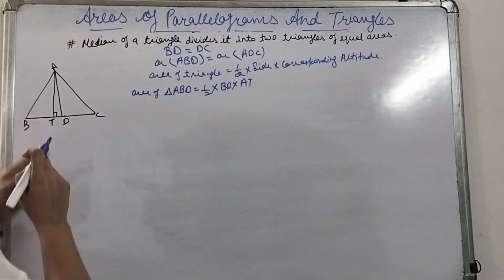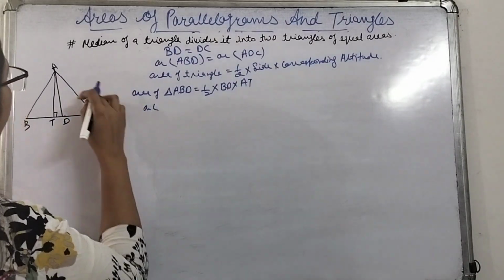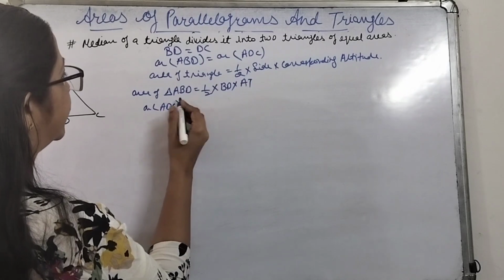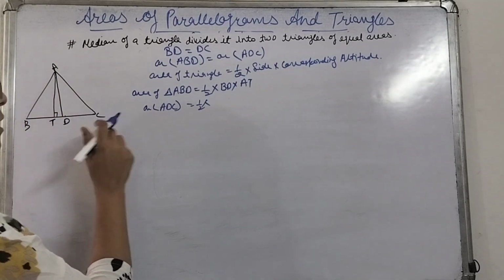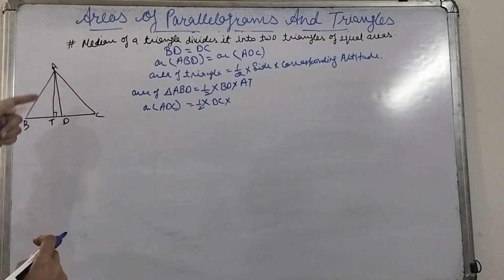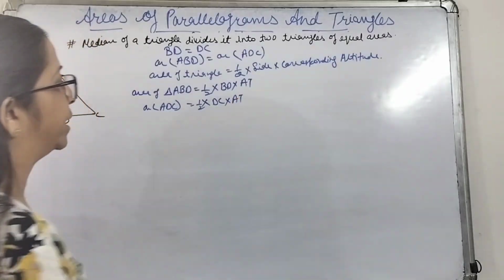This is the area of triangle ABD. Similarly, the area of triangle ADC will be 1/2 into base DC and the corresponding height is AT only.